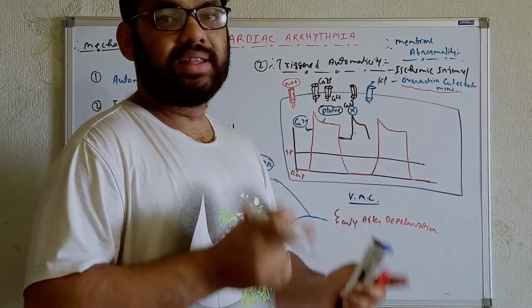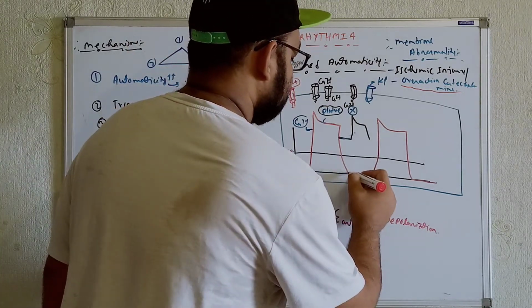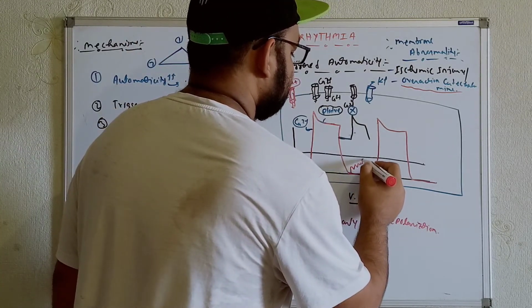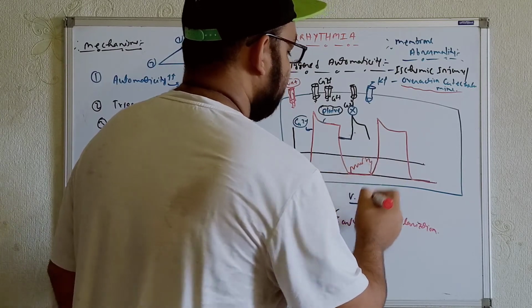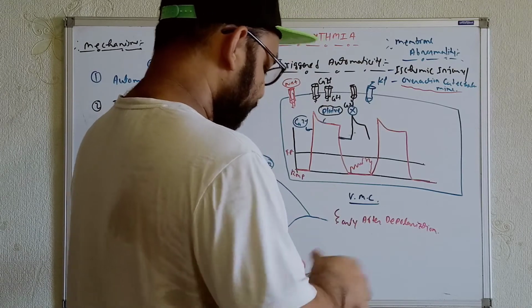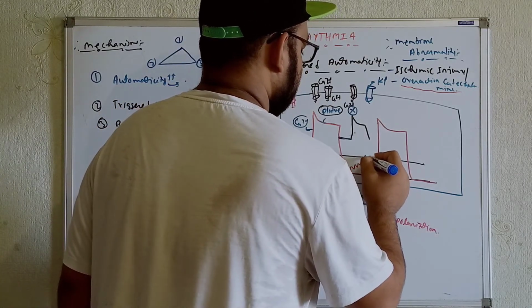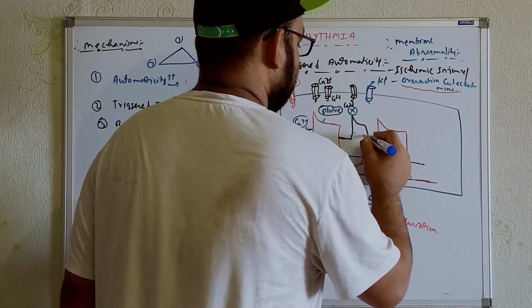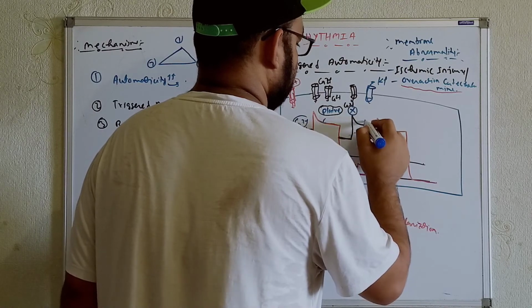In these cases, we will get fluctuations of the resting membrane potential. Whenever we get fluctuations in the resting membrane potential, sometimes it can touch the threshold potential, and instantly these things will be activated and we will get depolarizations over here, and again the same things will follow. So this is how it works.